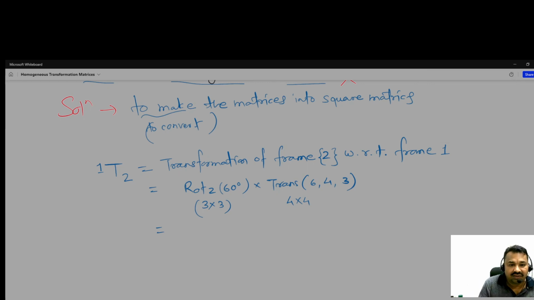So what we do here, there will be 9 elements in this matrix, and here 12 elements will be there.